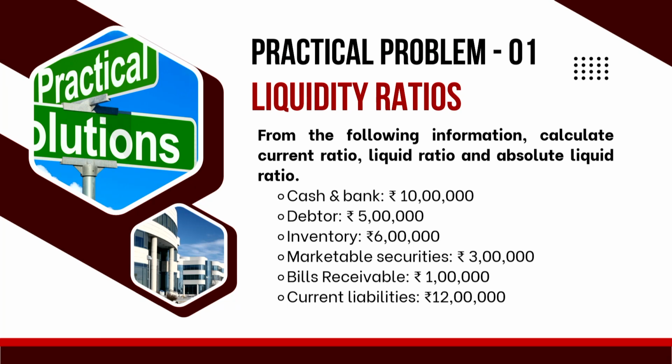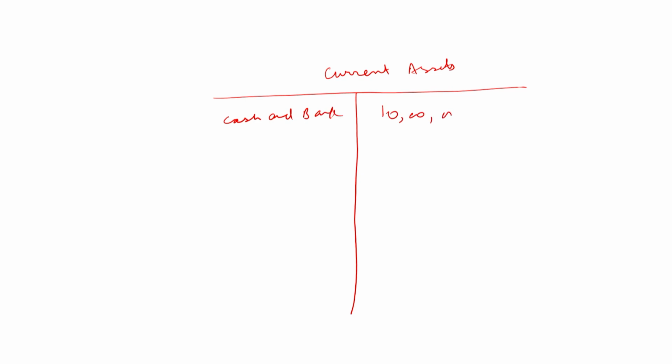So, to solve the question, first we take up the current ratio. For that, we need the calculation of current assets, those assets which are convertible into cash within a span of 1 year. So, this is the calculation of current assets, in which first we take up cash and bank balance, which is given 10 lakh rupees.